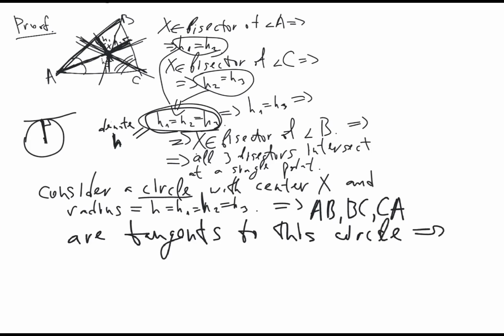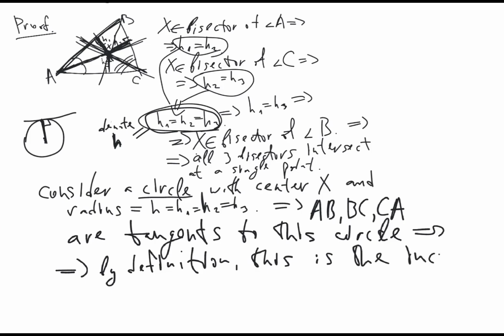And then by definition, this is the incircle of the triangle ABC, because it is tangent to all sides of the triangle.